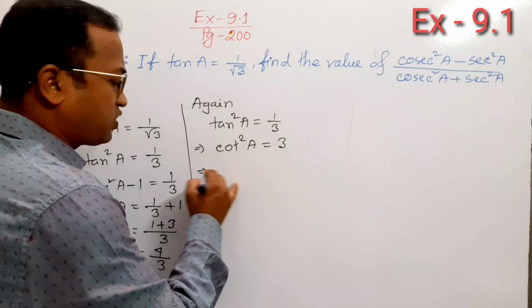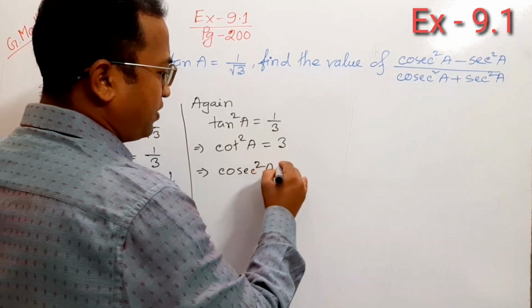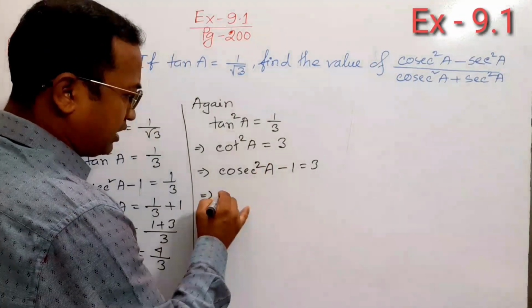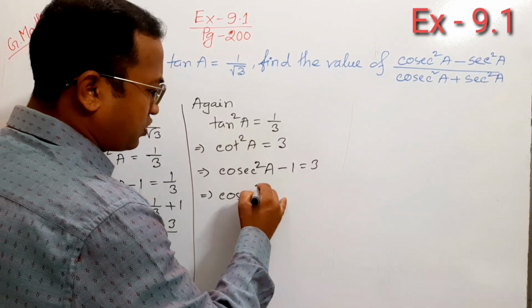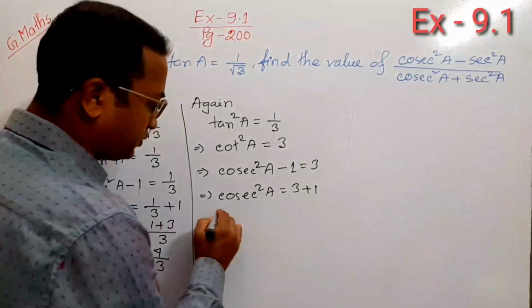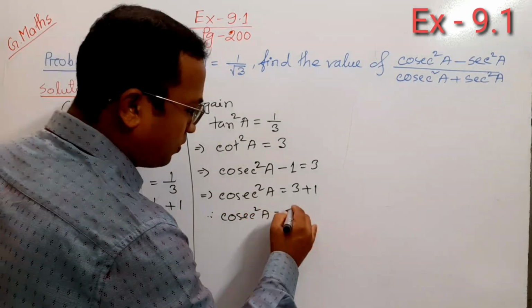We know cot square A is equal to cosec square A minus 1 equal to 3. That is cosec square A equal to 3 plus 1. Therefore, cosec square A equal to 4.